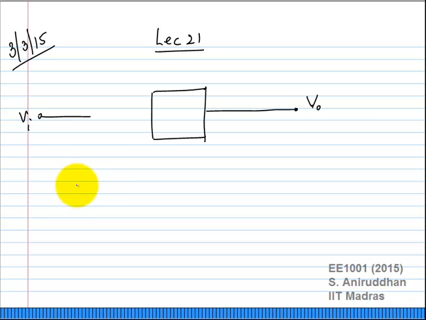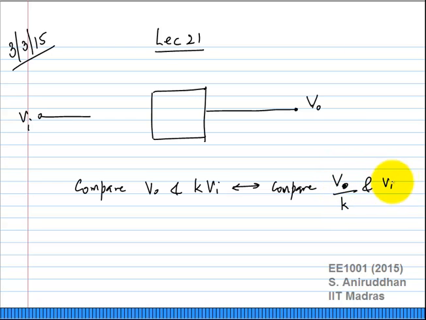So what I am going to say is, compare VO and K times VI is the same as compare VO by K and VI. Right? If VO by K is driven to be equal to VI, I have achieved what I want to do.